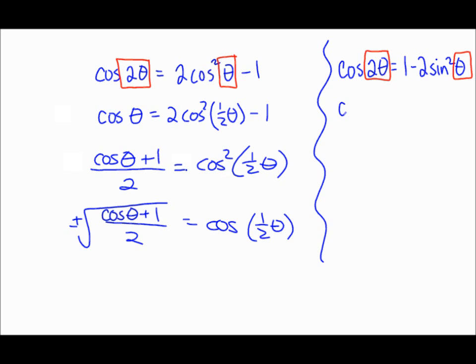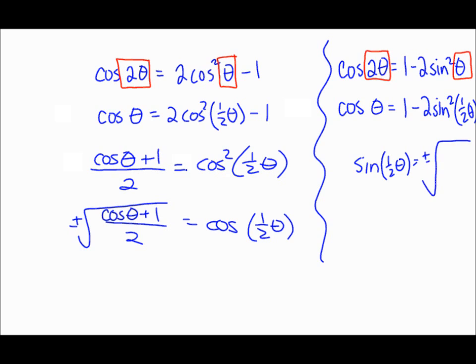Cos theta equals 1 minus 2 sine squared half theta. Then we rearrange, and that's how they get sine 1/2 theta is equal to plus or minus the square root of 1 minus cos theta over 2. These are on your formula sheet, and that's how they're derived. They're really derived from the double angle formula. It's the same thing, just rearranging for the other theta.